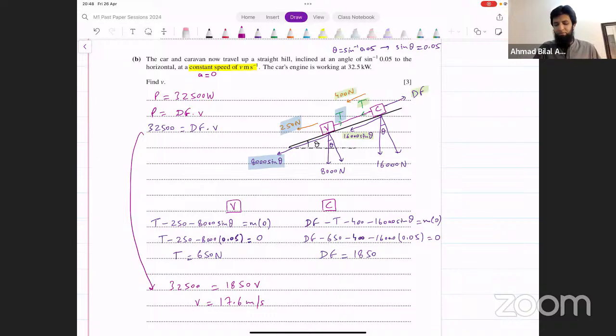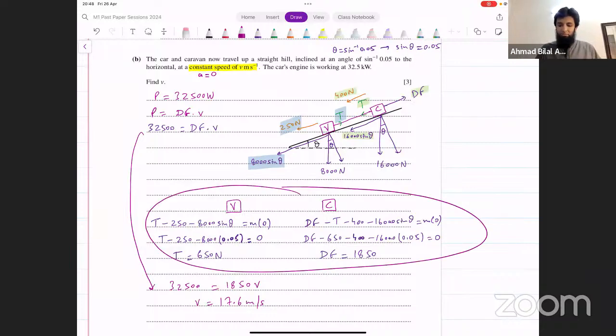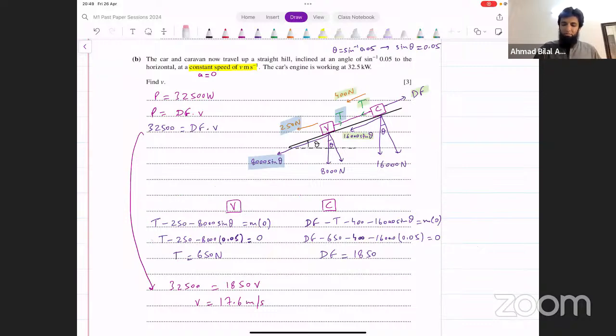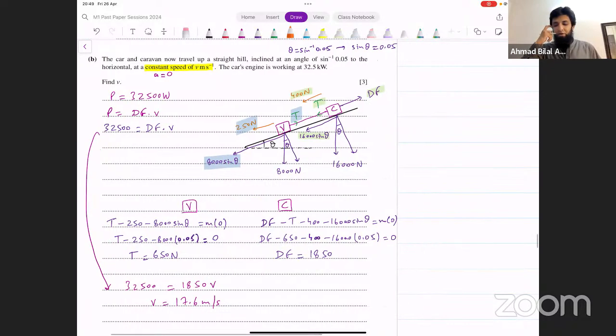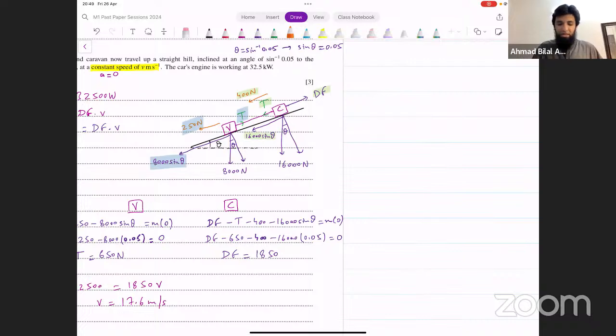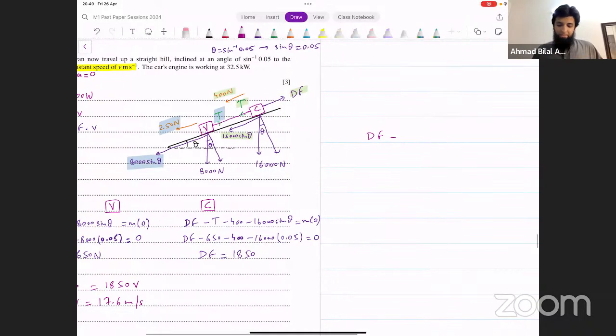You could reduce some of this working by considering it as a single system. Let me write down an equation for that as well. If you were to consider it as a whole system, you would get this equation. Driving force minus 400 minus 16,000 sine theta.